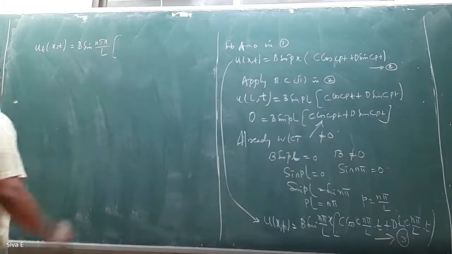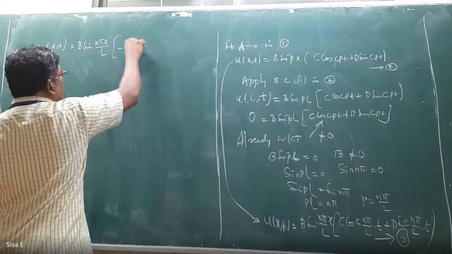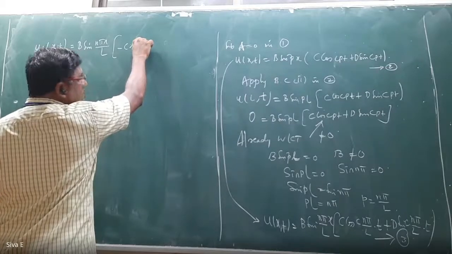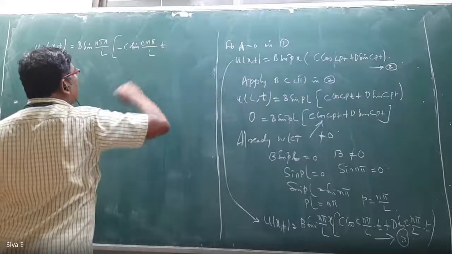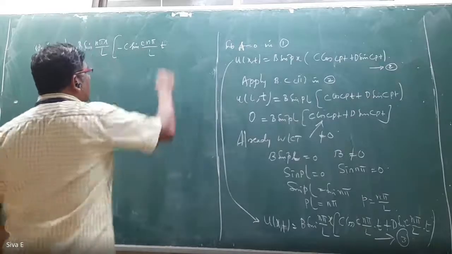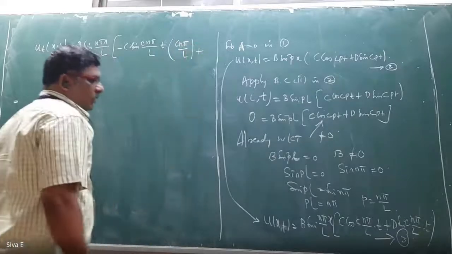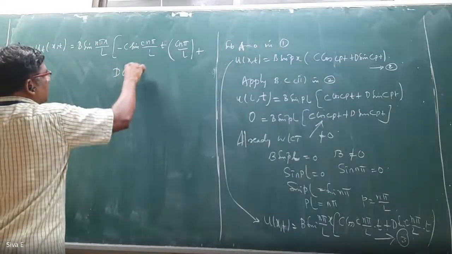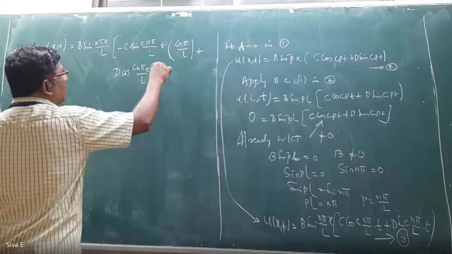Differentiate this: c cos becomes minus c sin(cnπt/L). But when you are differentiating with respect to t, the constant will come, cnπ/L. Plus, the differentiation of sin is cos, so d cos(cnπt/L) times cnπ/L should come.